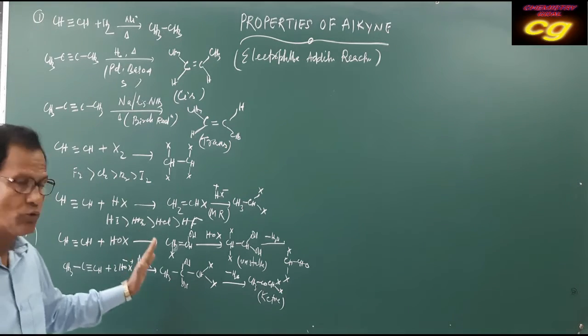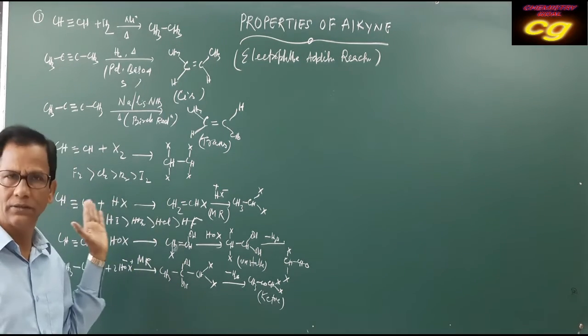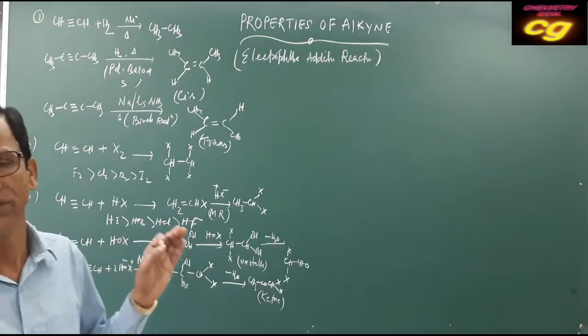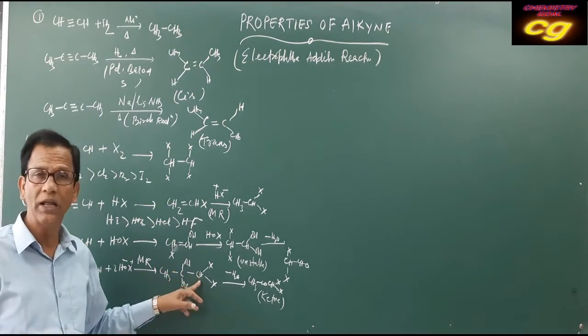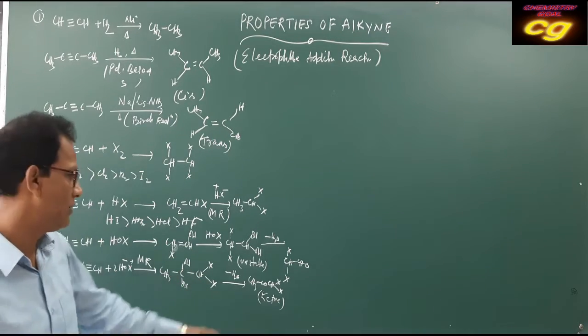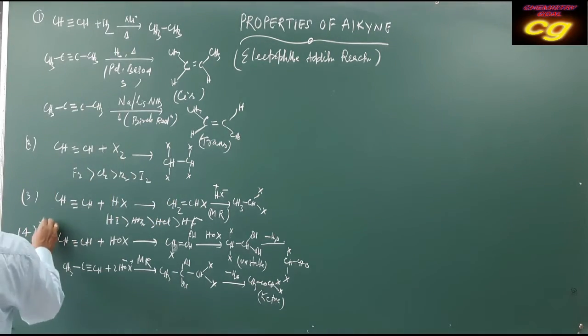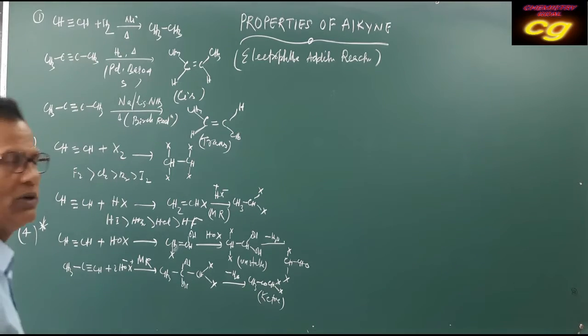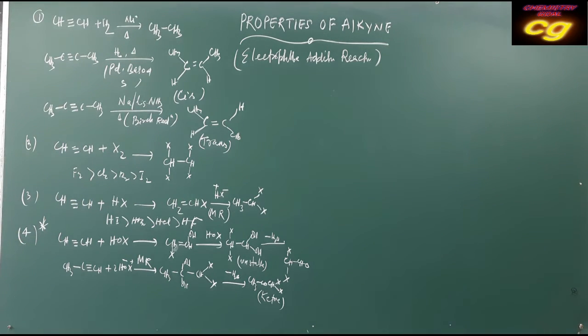So when the OH group is added at a carbon other than the terminal carbon, the result will be ketone. If it is added at the terminal carbon, the result is aldehyde. So remember, this is a very important difference between formation of aldehyde and ketone derivatives. It depends upon the structure of the alkyne.